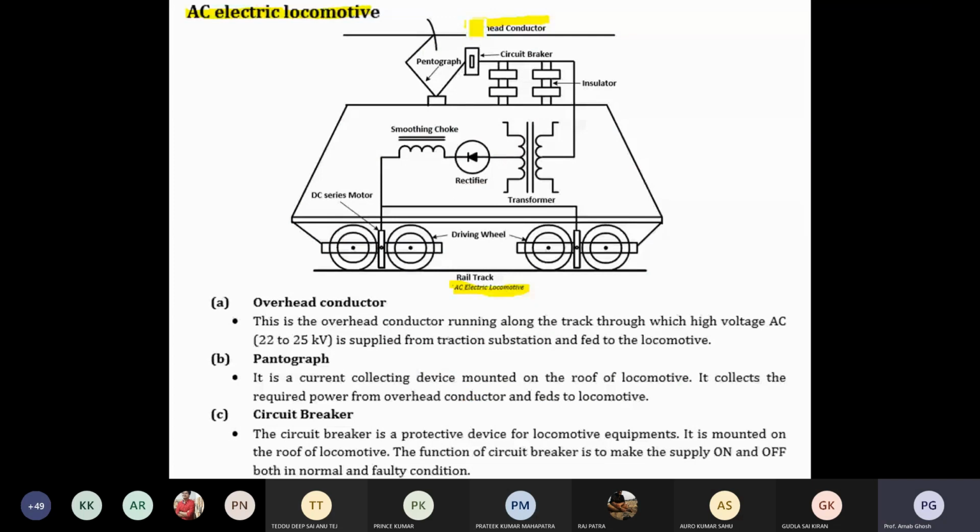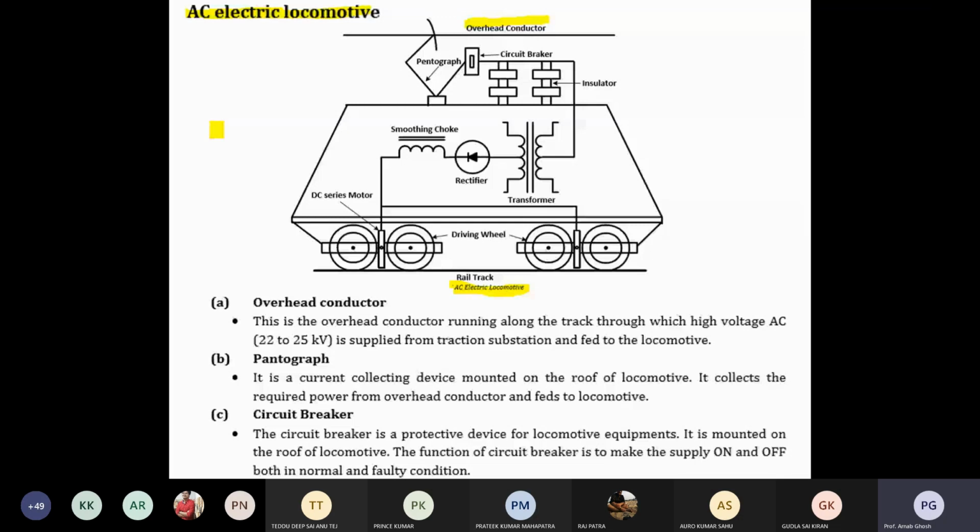The overhead conductor has two portions. One is called the catenary, another is called the contact wire. Catenary provides the mechanical support and you connect the supply to the catenary.